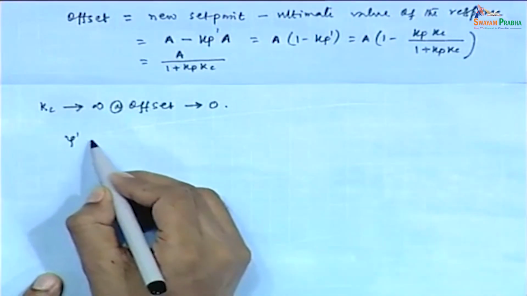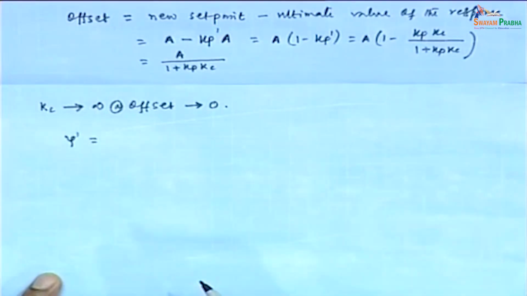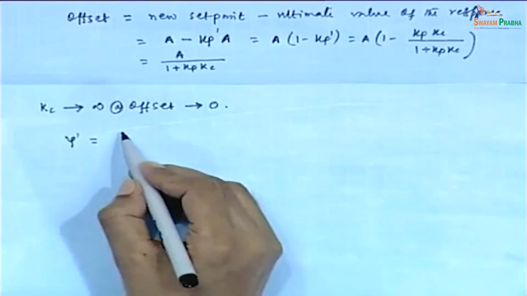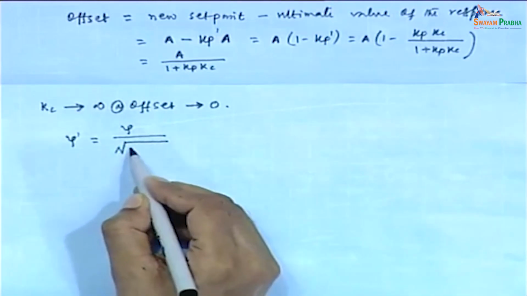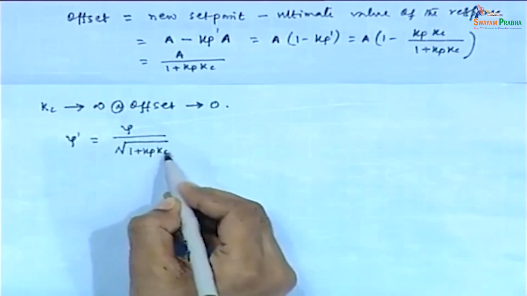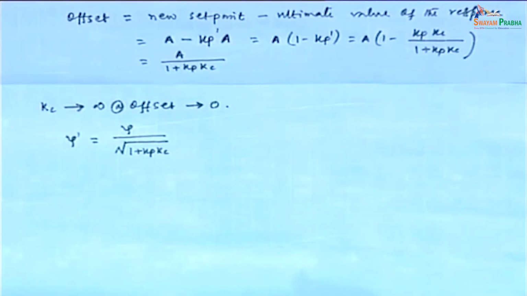Now we will produce one plot to observe the dynamic behavior of the closed loop process. We obtained the expression of zeta prime as zeta prime equals zeta divided by root over 1 plus Kp Kc.